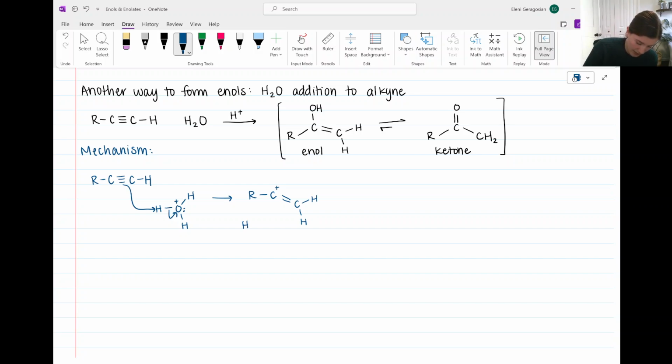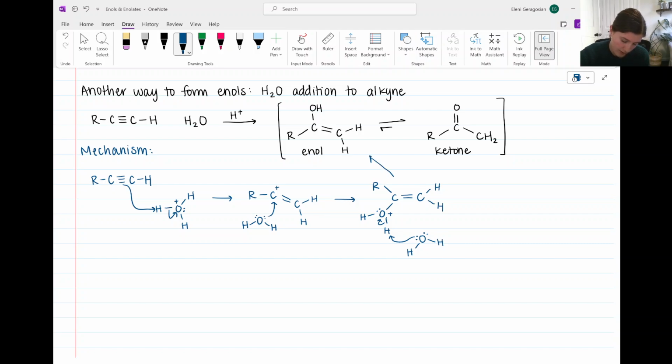And then now water will add to that carbocation carbon, and then we will deprotonate. We can deprotonate with neutral water, and this forms that enol product there.